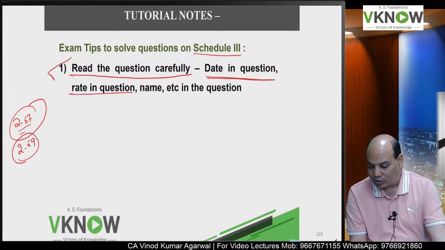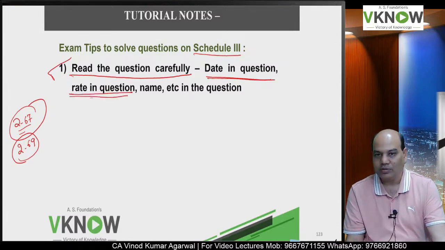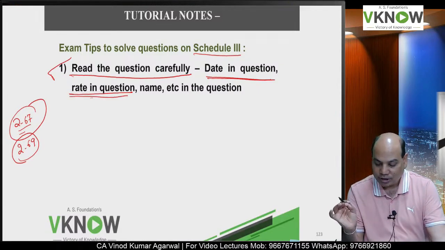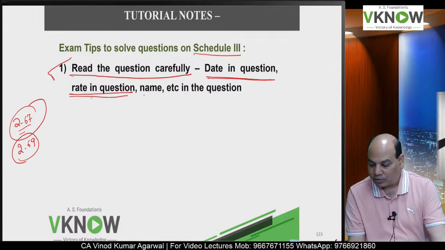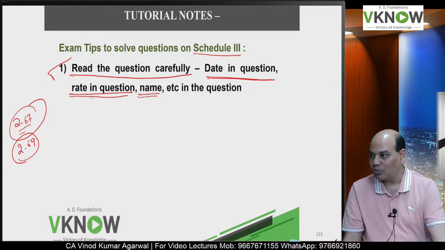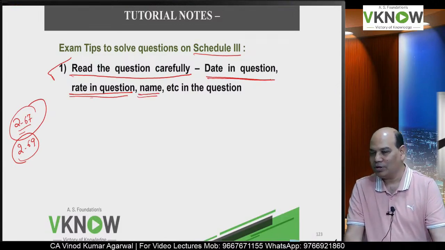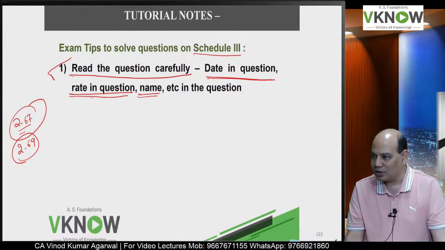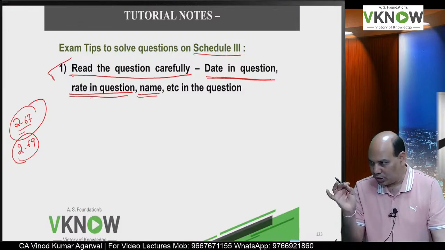Then rate in the question, for example, for depreciation, for income tax, rate, etc. Then there will be lot of names also, name of parent, name of subsidiary, name of other investor will appear. So take care of that.